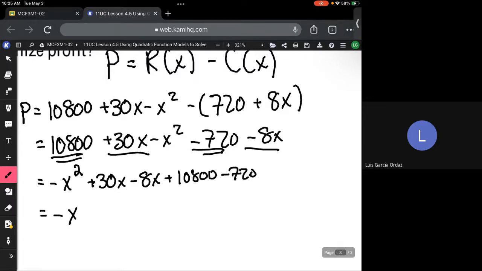So negative x squared stays by itself. As Ashton said, 30x minus 8x is 22x. And what's 10,800 minus 720? What does that give us? A big number. 10,080.